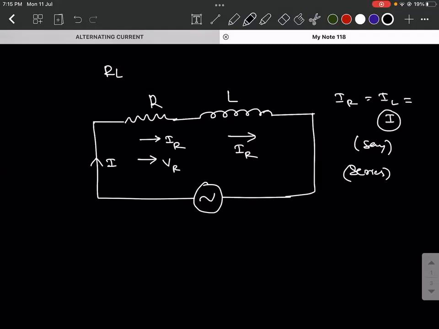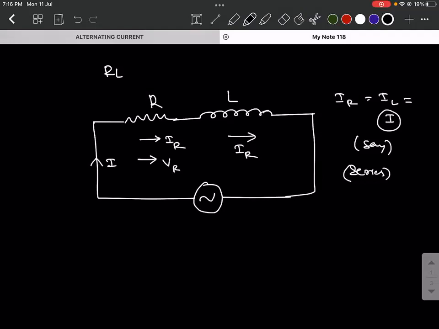Now refer your previous notes. Refer the previous topics and tell me how is the current with respect to voltage in an inductive circuit? For an inductor, how is current and voltage related?